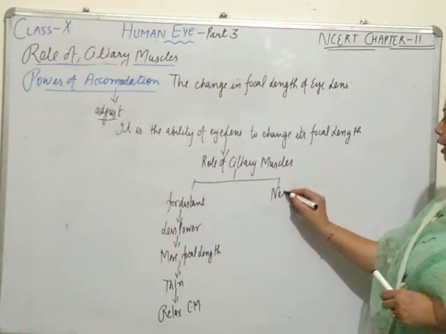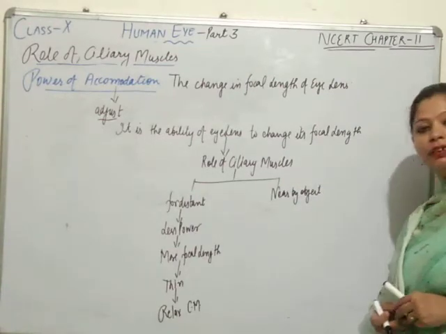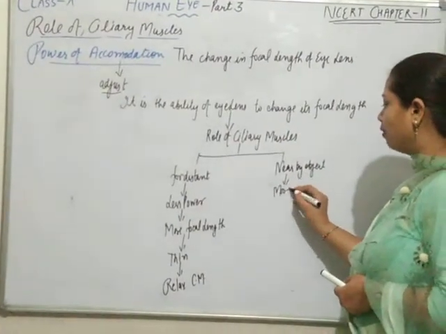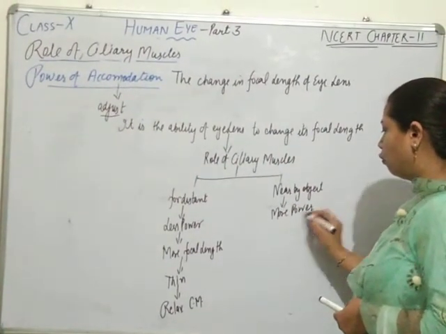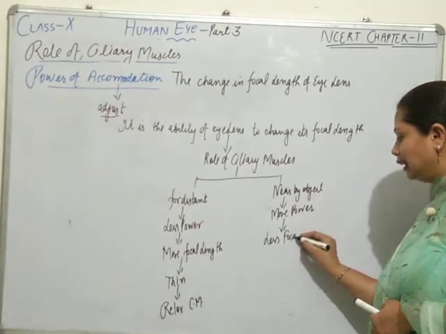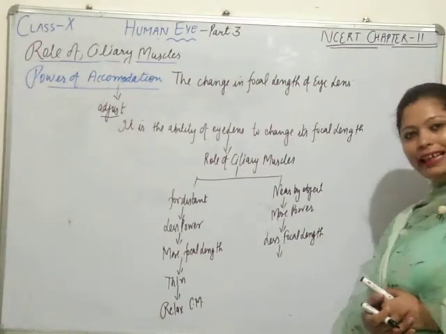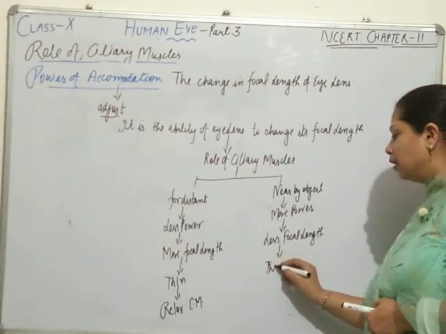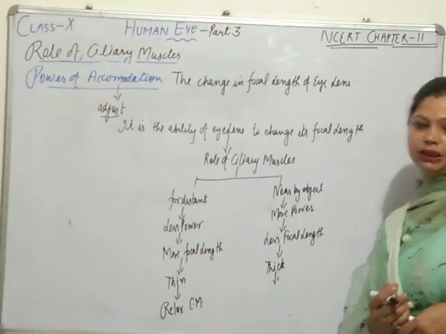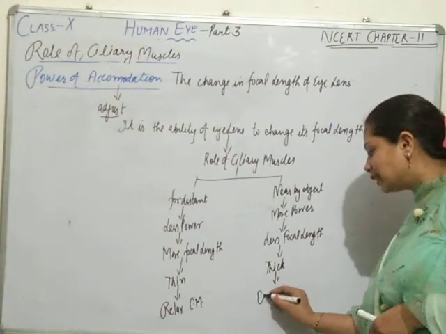For nearby object, when the object is nearby, diverging rays, so more power is required. For more power, focal length must be less. Less focal length is required. When focal length is less, in that situation, eye lens become thick. When eye lens become thick, this role is being played by ciliary muscles. In that situation, ciliary muscles contract.